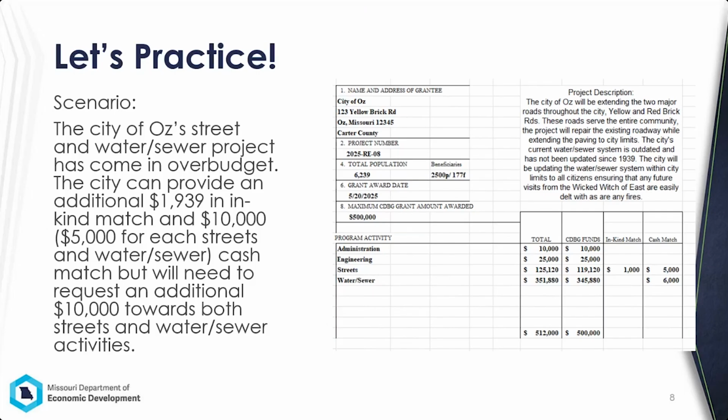Even though there's additional match, there's still a gap. So the city has decided to submit amendment requests for CDBG to cover the remaining $20,000. So let's walk through and fill out this amendment.